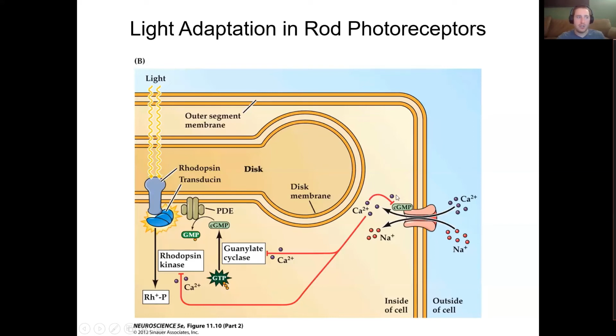It inhibits the channel directly. It inhibits the turning off of activated phosphodiesterase, and it inhibits the turning off of rhodopsin. So with this self-inhibition, we're able to get responses over a larger range of light levels.